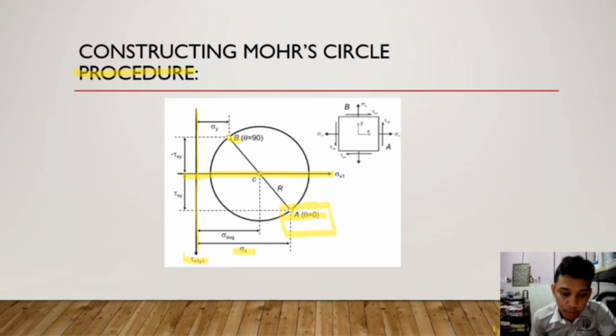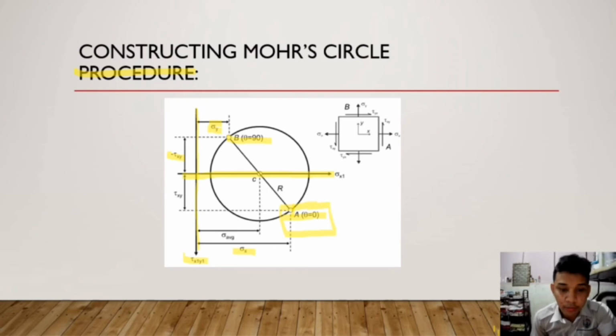Now we locate point B, representing the stress conditions on the y face of the element by plotting its coordinates, sigma x1 equals sigma y and tau x1y1 equals negative tau xy.